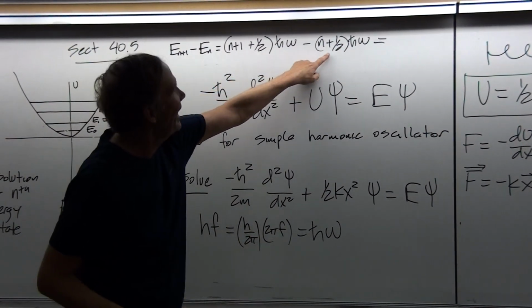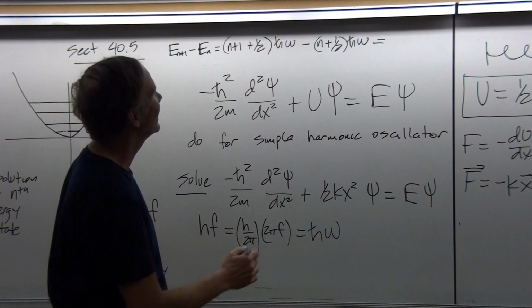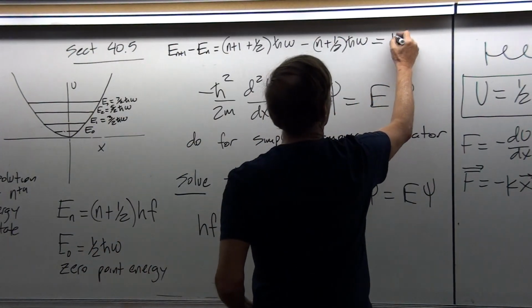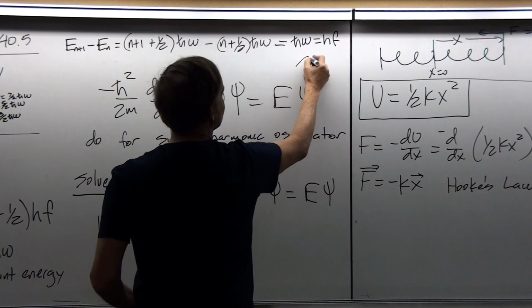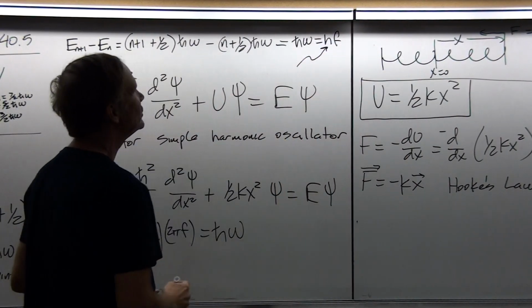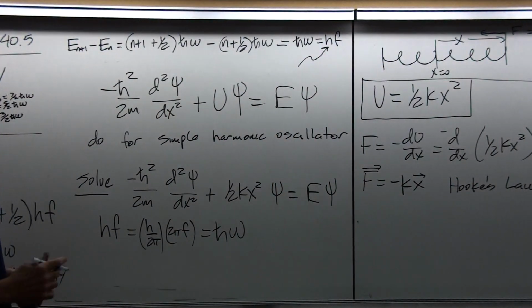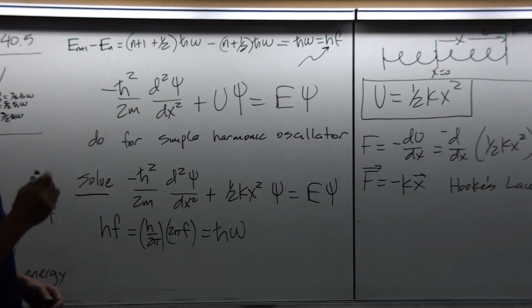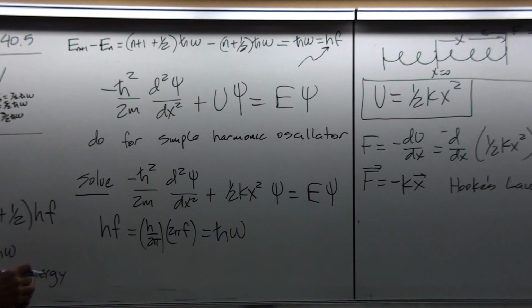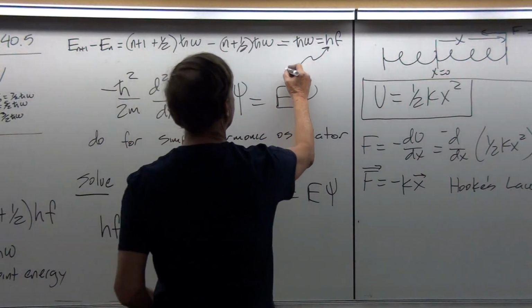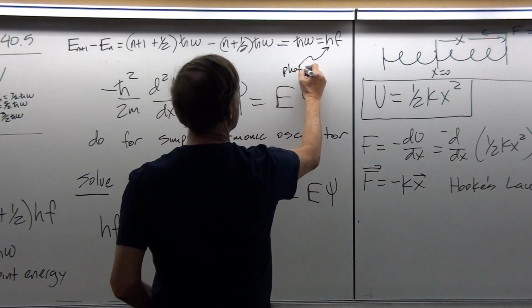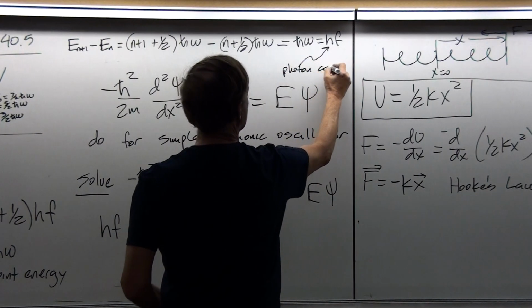The n plus 1/2 h bar omegas are going to cancel. So we just get h bar omega, or Planck's constant times the frequency. So what is that? That's the energy of a photon that is equal in frequency to the vibration rate of the simple harmonic oscillator. So a photon then can be released.